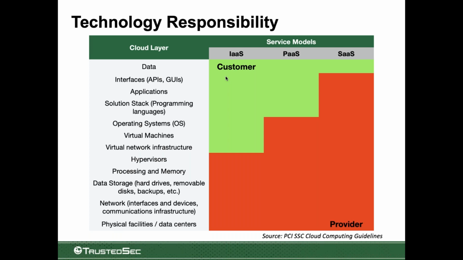And as you can see, there are different areas of responsibility per the outsourcing relationship that you have with your cloud provider. With infrastructure, you're generally taking on more responsibility than if you just have software as a service and go to a web portal and handle data like that.